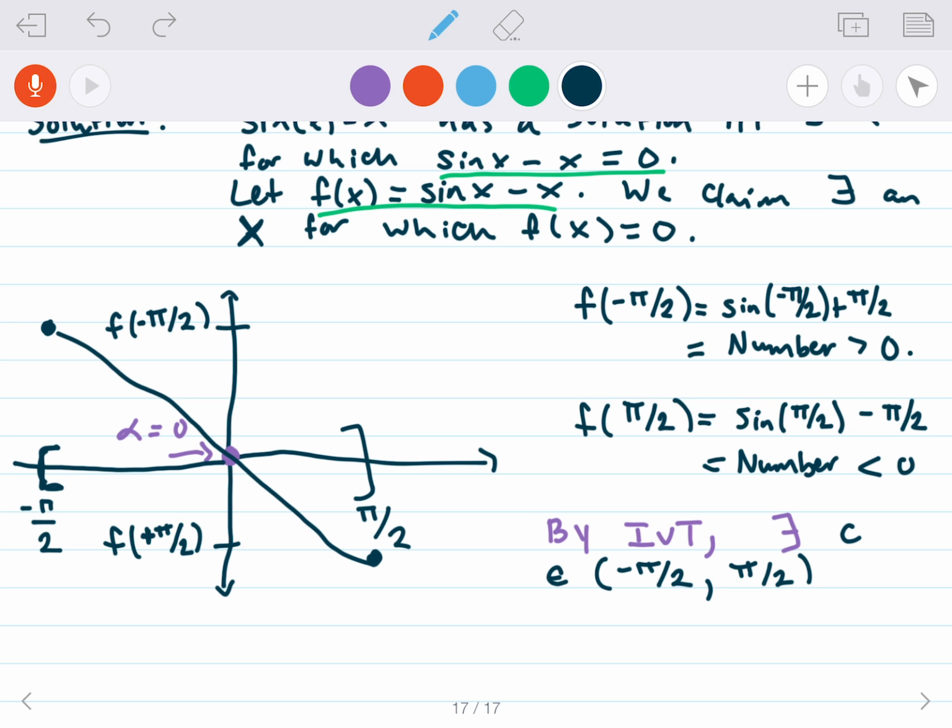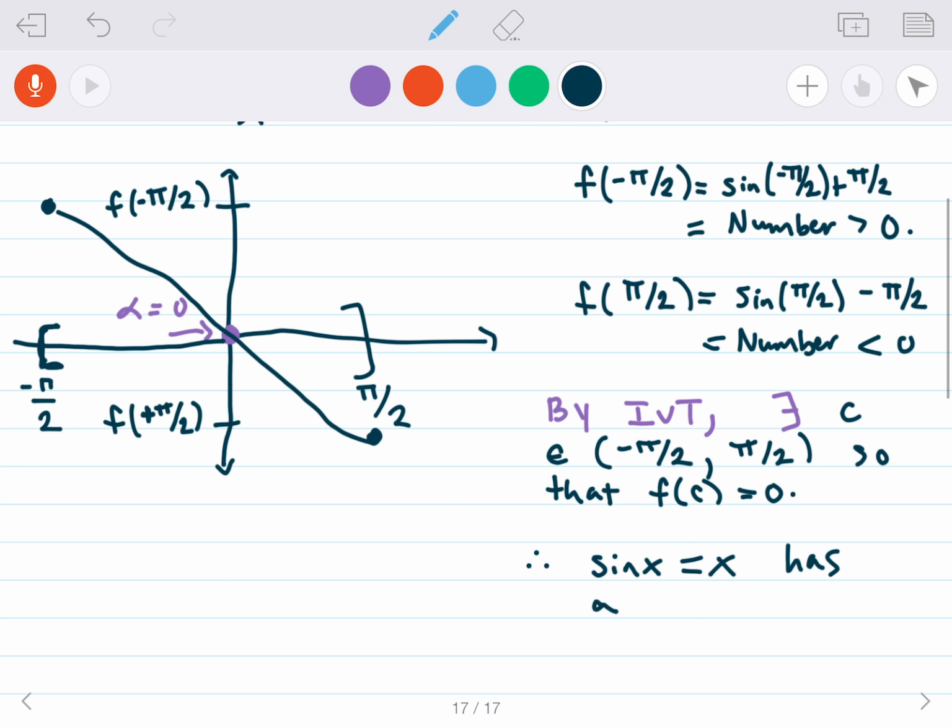It's just the way I drew the picture. Thus, sine x equals x has a solution on the reals, and in particular in negative pi over 2 to pi over 2.